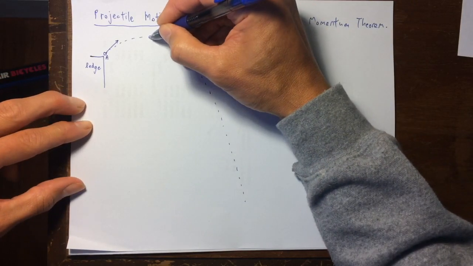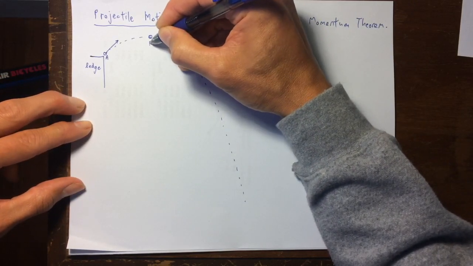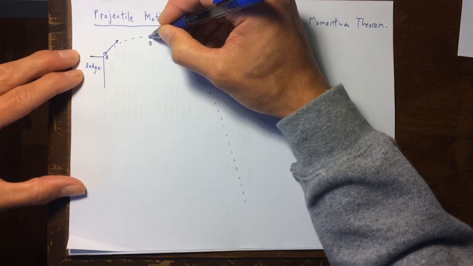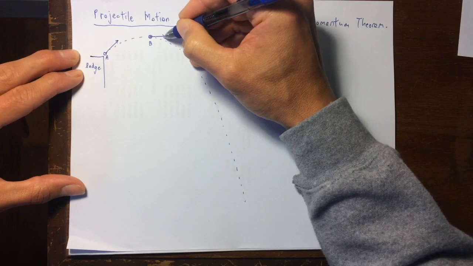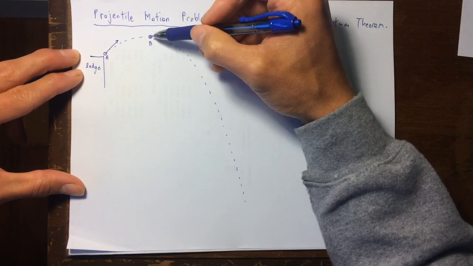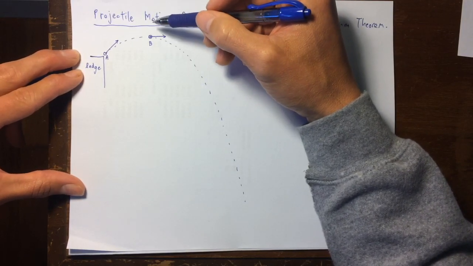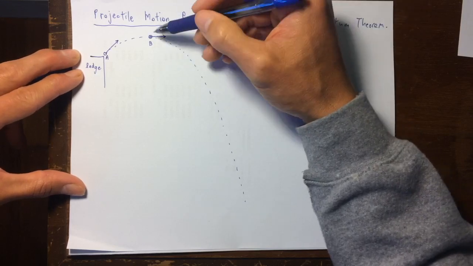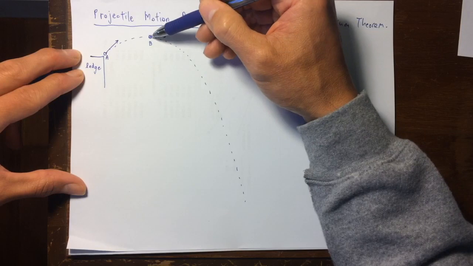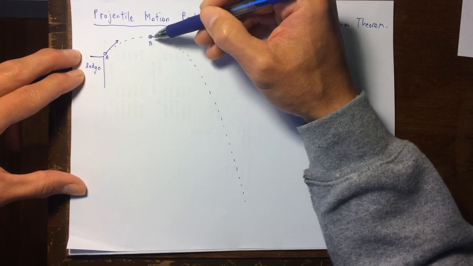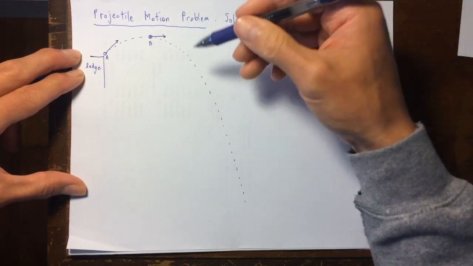Here is the special moment in time called B, and this is when the object is at its highest location. What that means is it's lost all of its upward direction motion. So it's neither heading upwards nor downwards. It has just finished heading upwards and is beginning to head downwards, right?